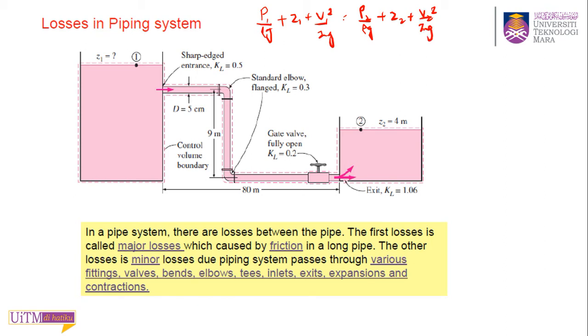So there are no losses that we take into consideration. But after this, in the last subchapter, the energy equation, this equation will change. There will be an extension of this equation, where we include the losses in the system.